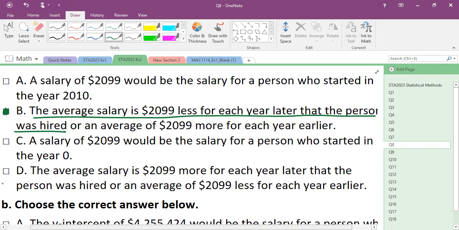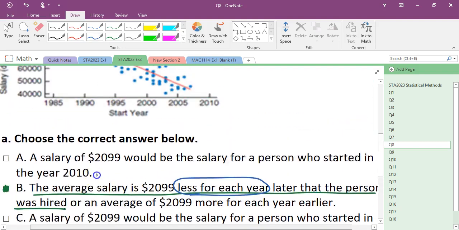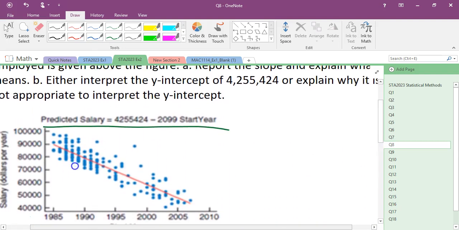You got it. Yeah. The less for each year, because exactly as you said, we have that subtraction that's going on. So that means we have to have some sort of relationship when we talk about the slope that is decreasing. If it was a plus, then we talk about it increasing.